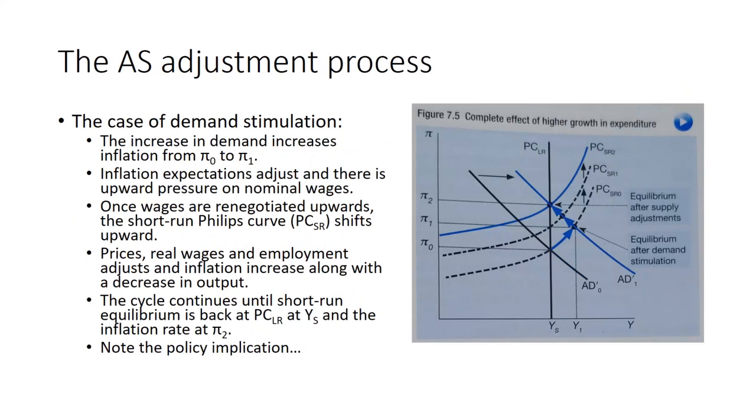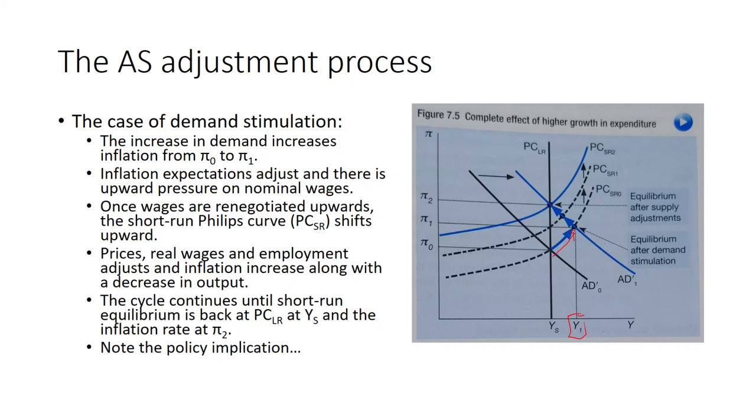The supply adjustment process is very much similar to what we learned in the ADAS model in Chapter 6. So let's say that there's this increase in demand, increasing the inflation from pi 0 to pi 1. The AD prime 1 curve moves to the right, and you're at this temporary increase in output to Y1.